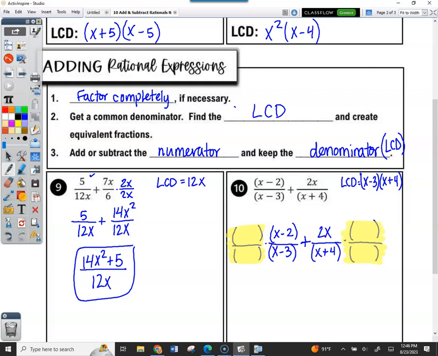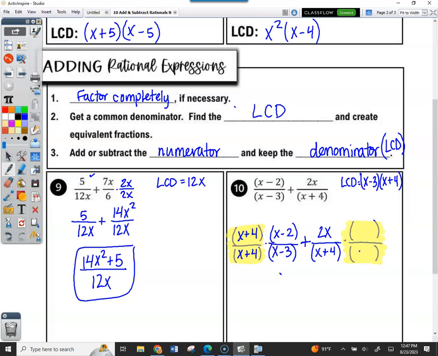Okay, so now we have to ask ourselves, what does the fraction not have from the LCD that it needs? This fraction has the x minus 3. It does not have x plus 4, so that's what it needs. This fraction has the x plus 4.